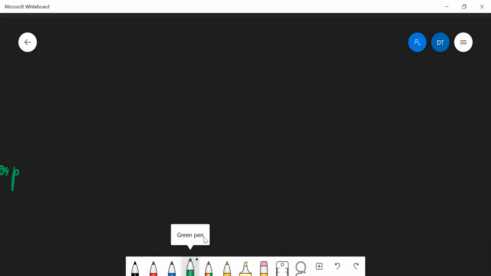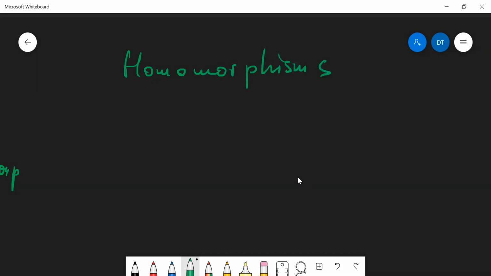Here we also have a homomorphism for rings and an isomorphism for rings. So let me formulate precisely what it means to have a homomorphism or an isomorphism in the case of rings.